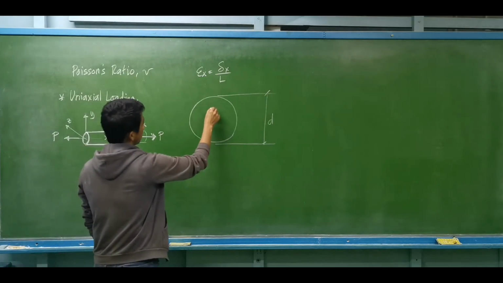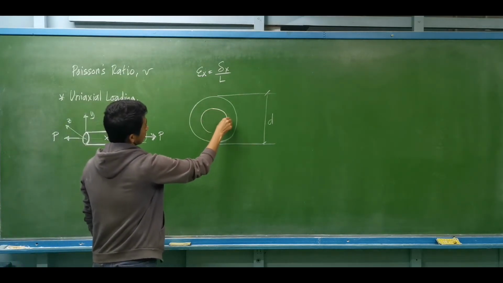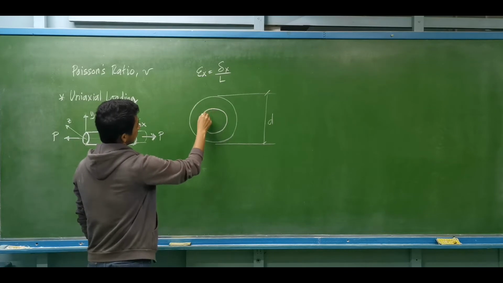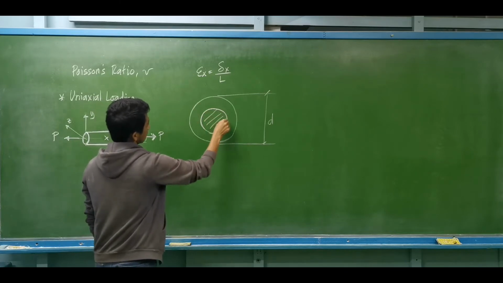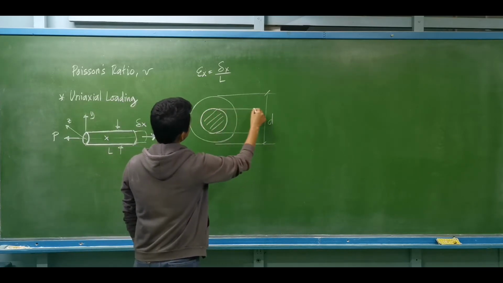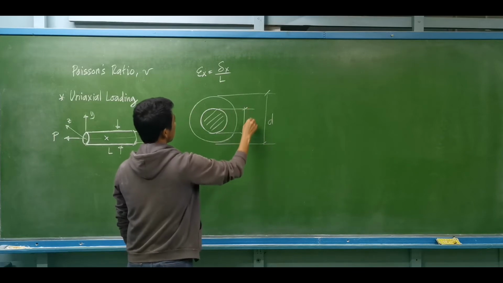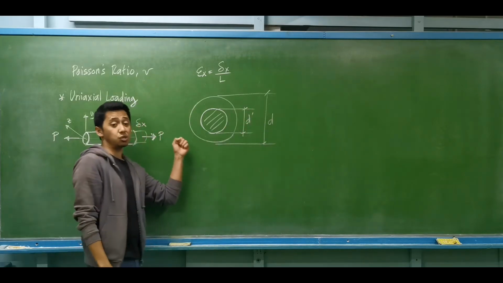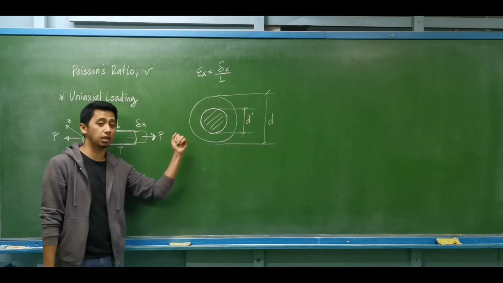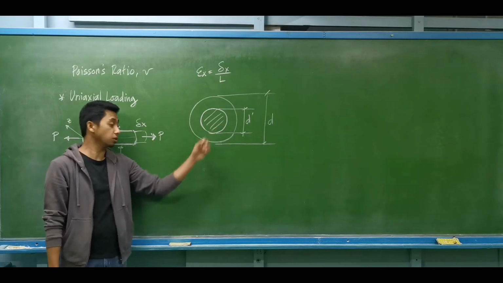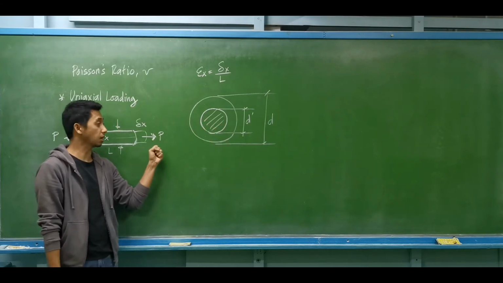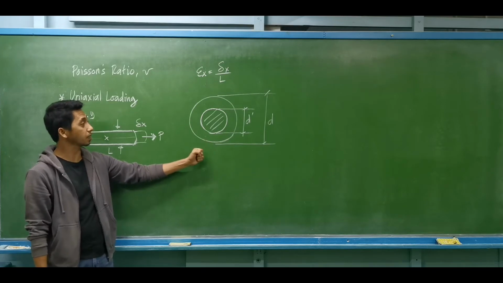Let's say this will be the final diameter of the rod, D prime. Take note that the change in the diameter will be equally distributed in all directions for a uniaxial loading, and since we have a circular section.